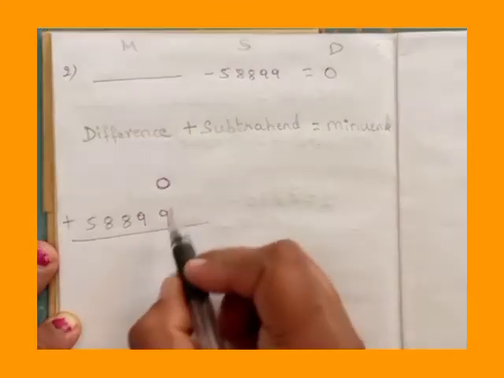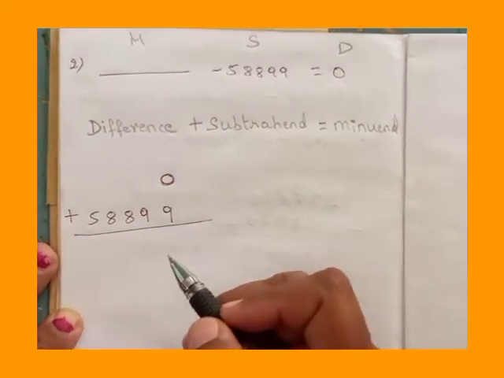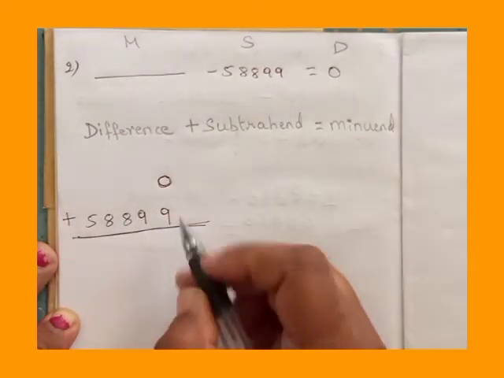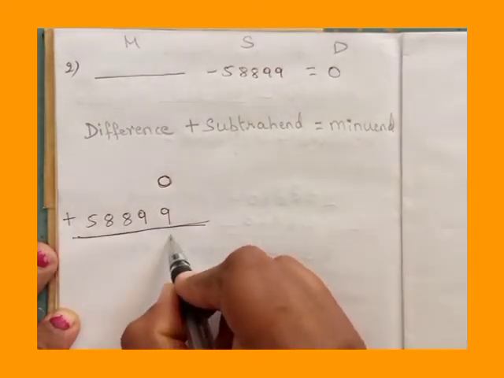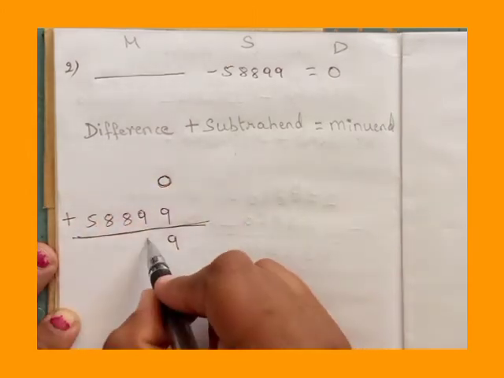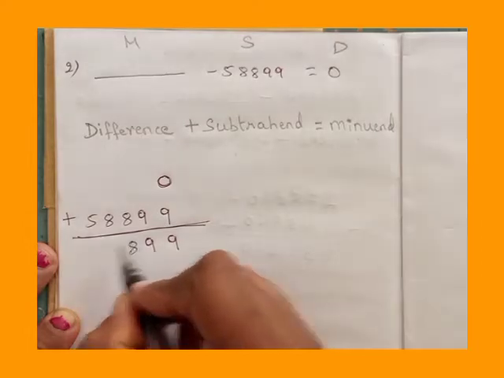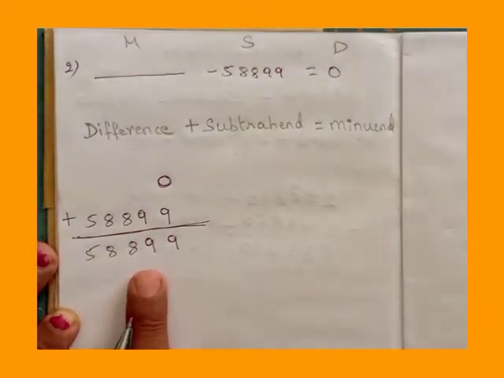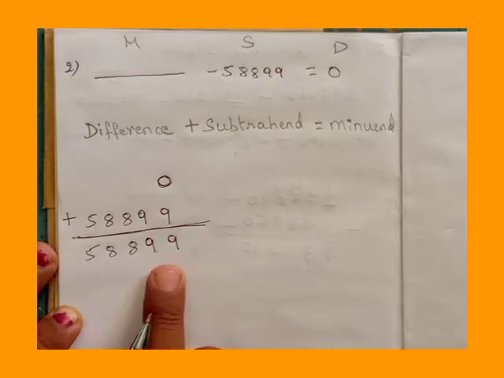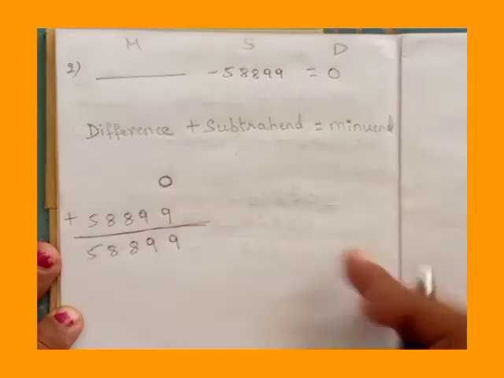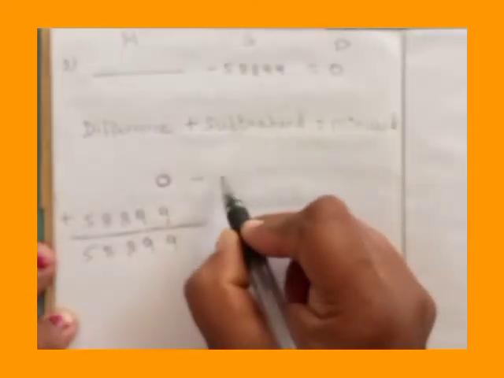So plus. Now let's do the sum. 0 plus 9, how much? Yes, 9. Then there are no numbers here, so what should you write? 9. The same numbers will come. So 5, 8, 9, 9 makes 58,899. So this will be the minuend.